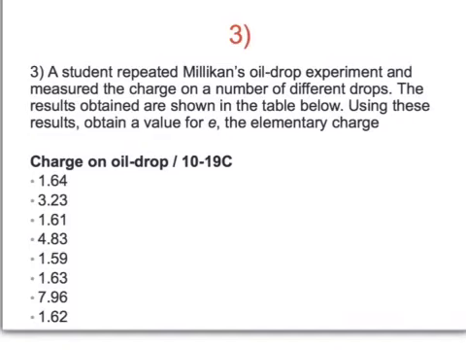The idea is to add up all the charge and divide by the number of likely charges, values of E that each of those oil drops contain. So you can see this first one looks like a single elementary charge.